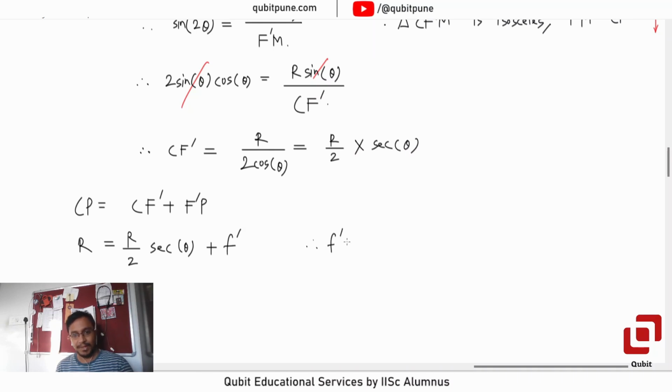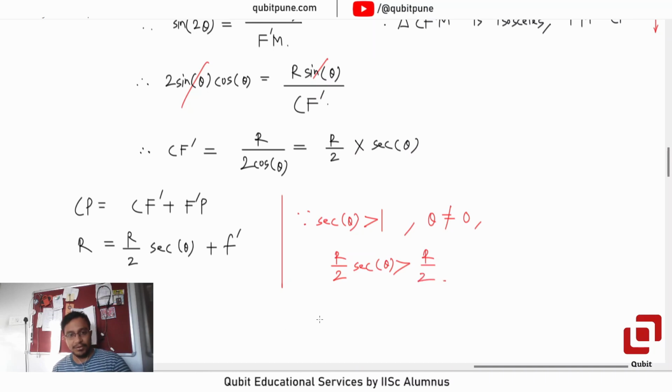Now instead of continuing and arriving at the final result using inequalities, because sec theta is always greater than 1 in this case, because theta is not equal to 0, r by 2 sec theta will be greater than r by 2. So definitely f prime has to be less than r by 2.